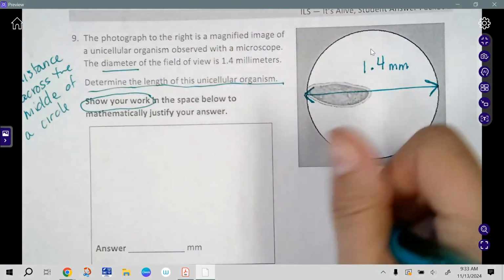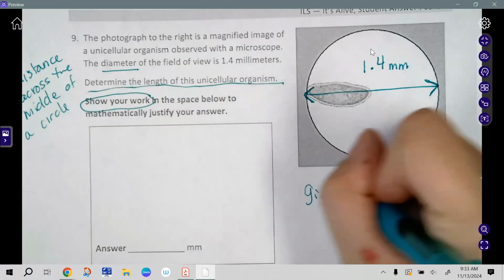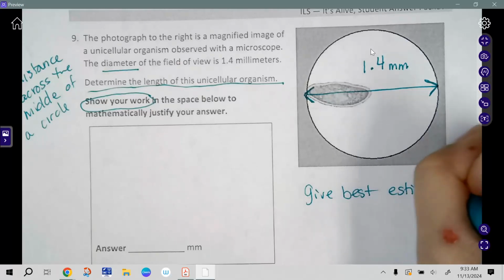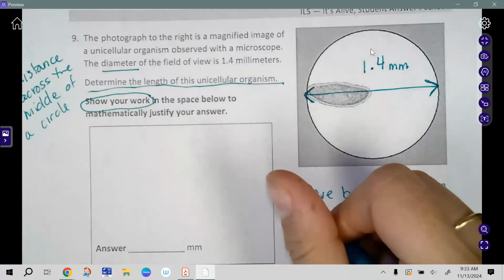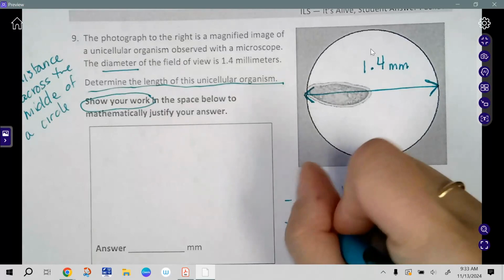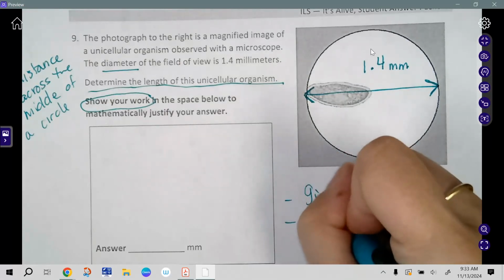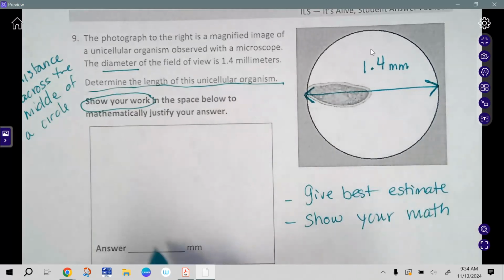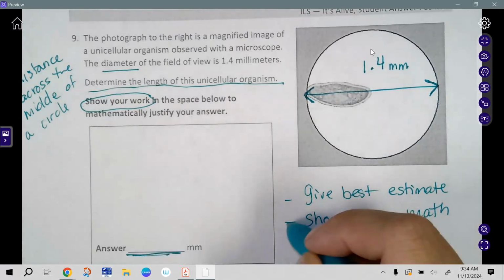You're going to give your best estimate. And you need to show me mathematically. So show your math on how you figured out this answer.